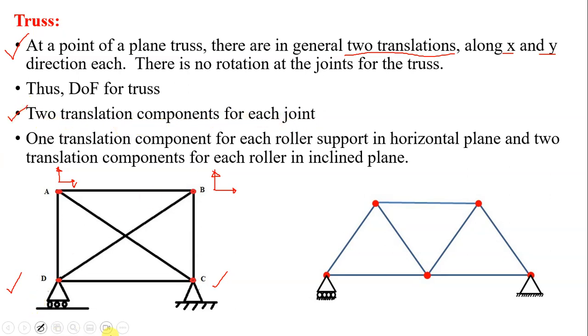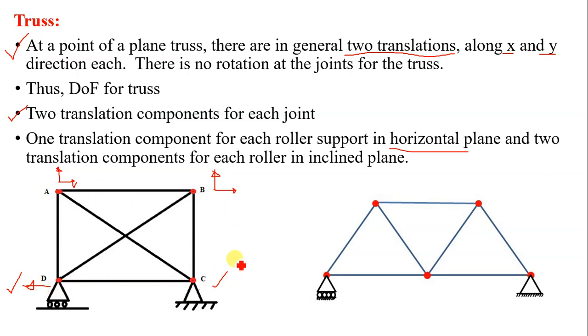Now let us come to the supports. For support, here we have written one translation component for each roller support in horizontal plane. So this roller is in horizontal plane, so one translation is possible in horizontal direction. It may be to the left or to the right.